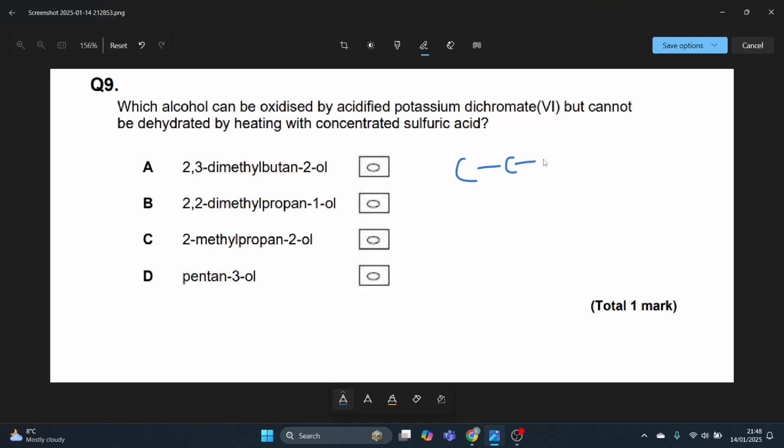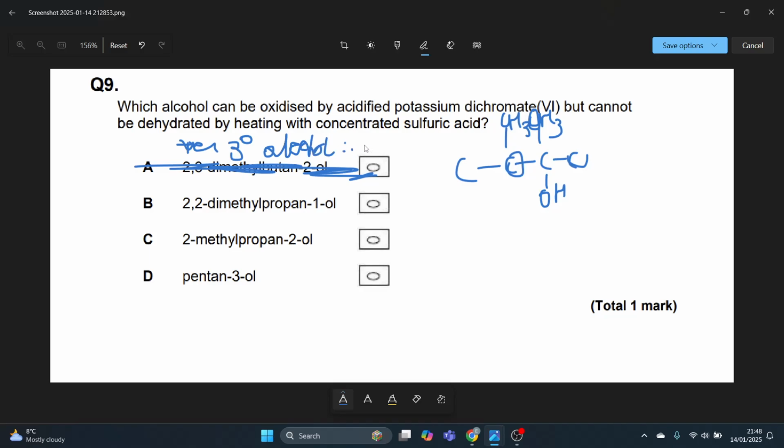So butane, OH group, CH3, CH3, that is a primary, secondary, tertiary alcohol. I'll just do 3° alcohol, therefore can't be oxidized.